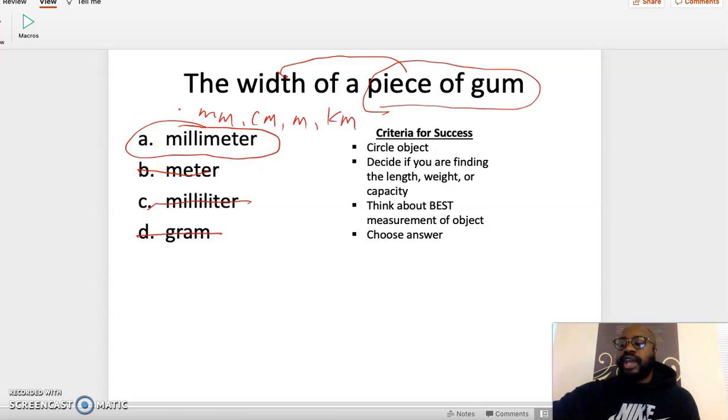So for today, you're going to do what I just did, which is to first figure out what we are finding. That's the object. And then deciding, now that I have that object, am I trying to find its weight, its length, or its capacity? You're going to think about which one makes the most sense, crossing out the ones that you know cannot be true.